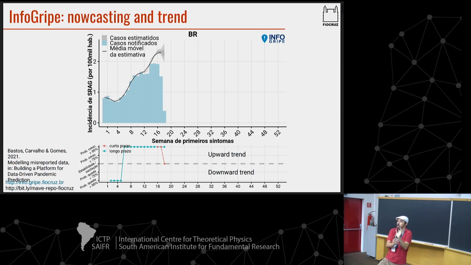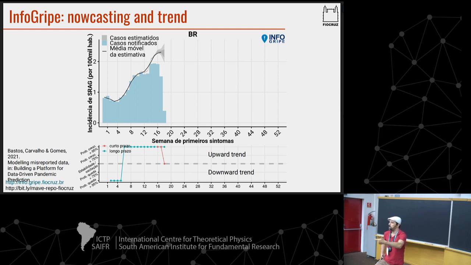So I have a strong indication of an upward trend and a moderate indication of going up. And I can do the same thing for a negative slope. If the probability of the slope being negative is above 95%, I say that it is extremely likely that things are going well, the cases are going down.